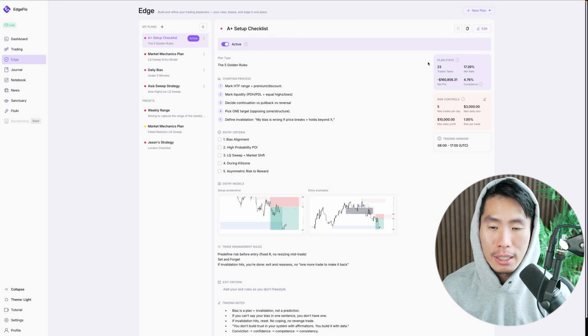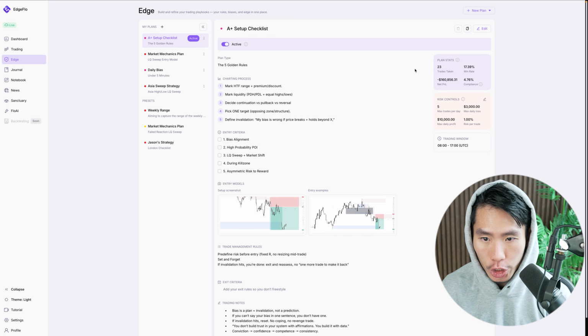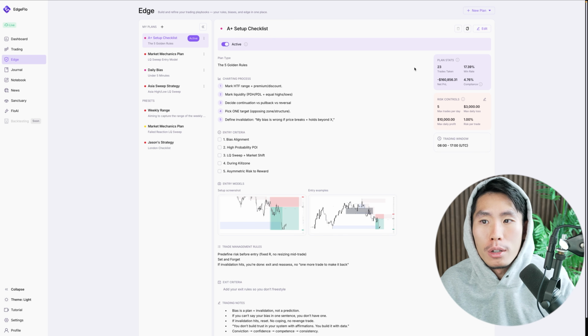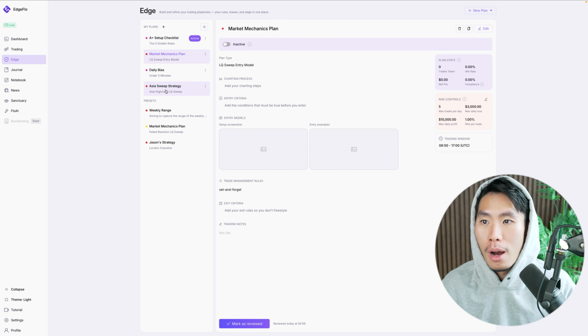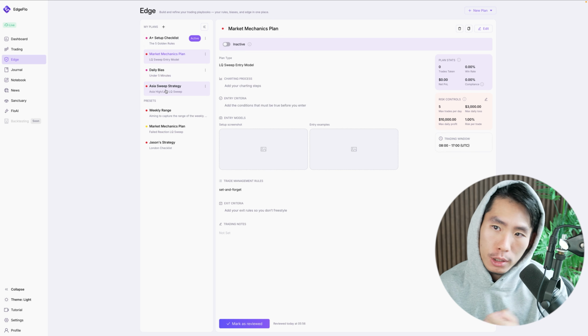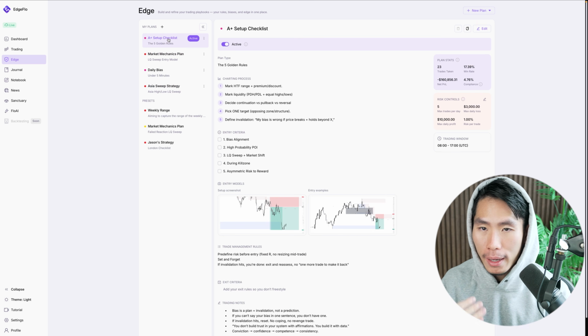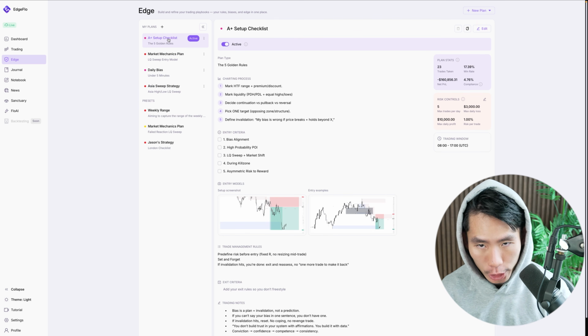And this allows you to make data-driven decisions instead of decisions based on vibes. Instead of saying stuff like, oh, today this trade plan didn't work, so I'm just going to switch to this other trade plan. Oh, my trading guru is trading this plan, so I'm just going to switch to another plan. No, now you can actually make data-driven decisions.